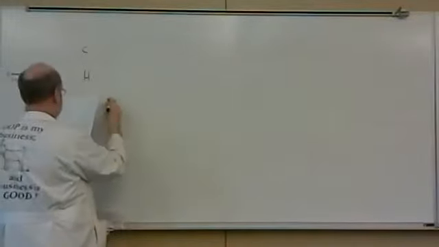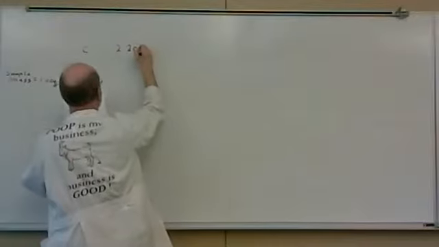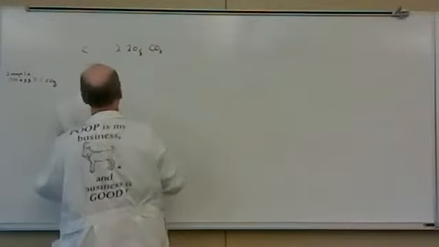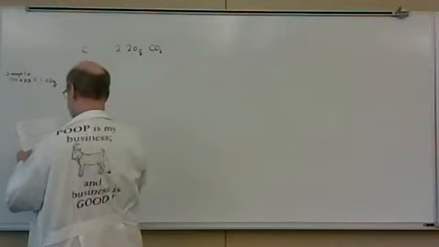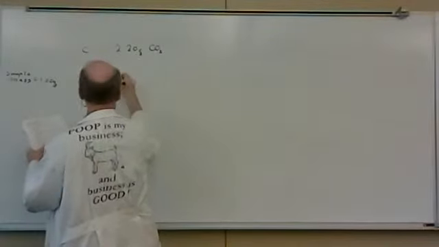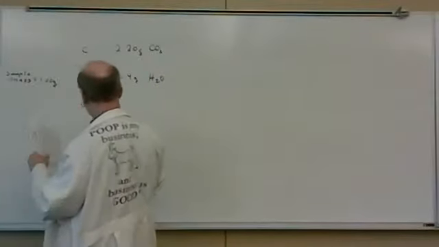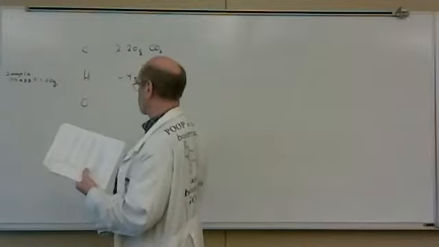Let's just say the sample mass equals 1 gram. And you collect 2.20 grams of carbon dioxide, and 0.4 grams of water. That accounts for the hydrogen. And then whatever's left over is the oxygen, but we don't know that yet.